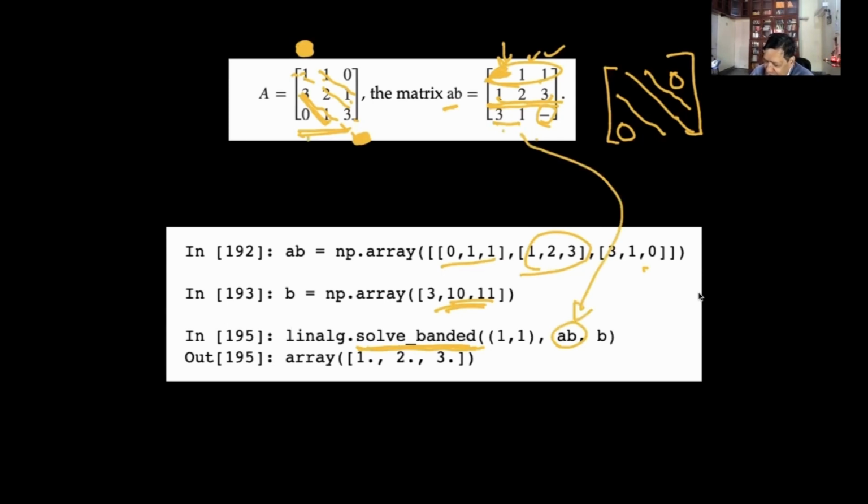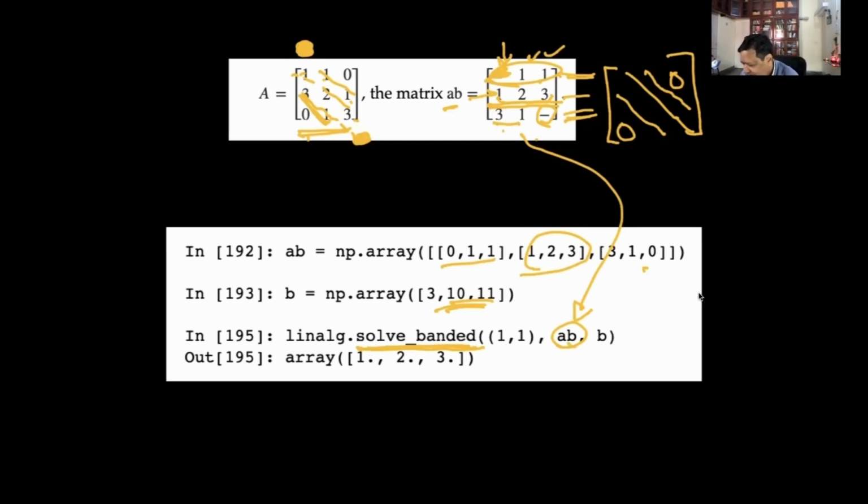You don't pass A. I'm giving a simple example, 3 by 3, but in general it could be like a 1000 by 1000 matrix. But this banded matrix will have only 3 rows, so it will be a 3 by 1000 matrix. And a lot of it will be automated; you will not be putting it in by hand.